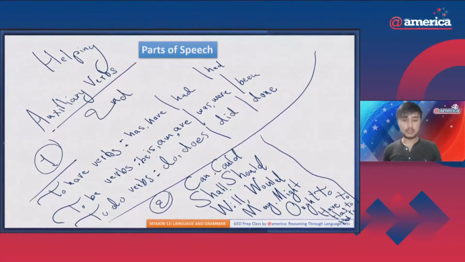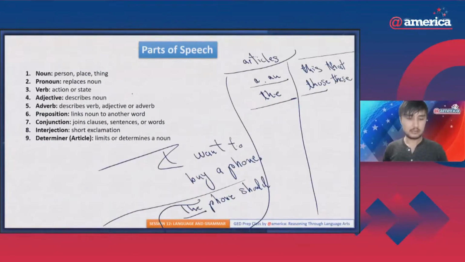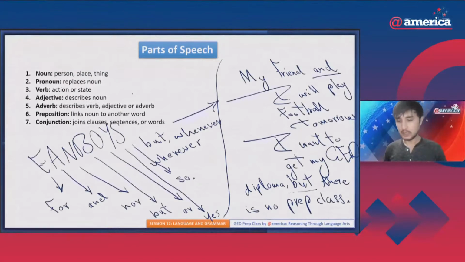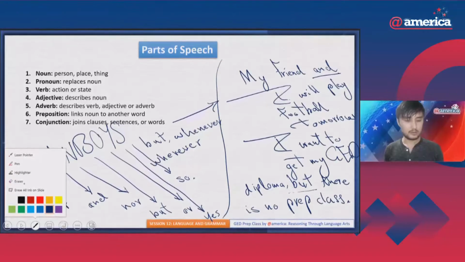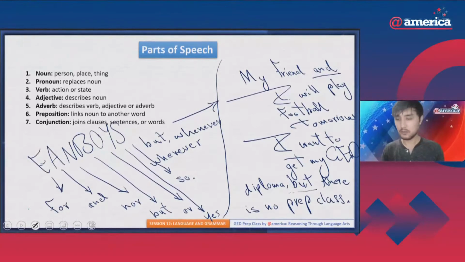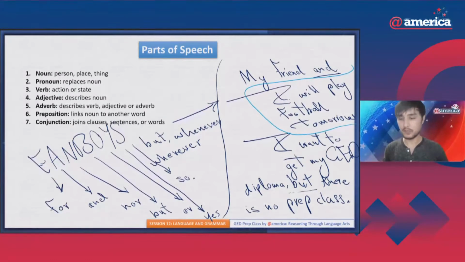If we go and have a look at this, for instance, if we look at this sentence, I will play football tomorrow. Let me change the color maybe to light blue. So if I say I will be playing football tomorrow, let's ignore my friend.